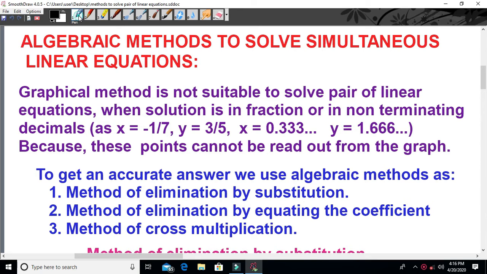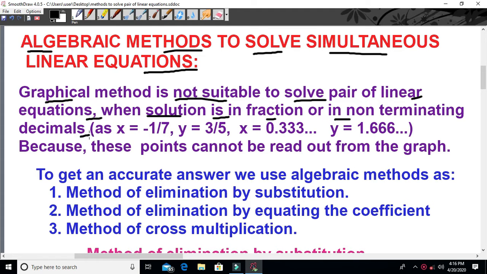Here we'll discuss the algebraic method to solve simultaneous linear equations. We have discussed the graphical method in a previous video, but the graphical method is not suitable to solve a pair of linear equations when the solution is in fractions or non-terminating decimals.